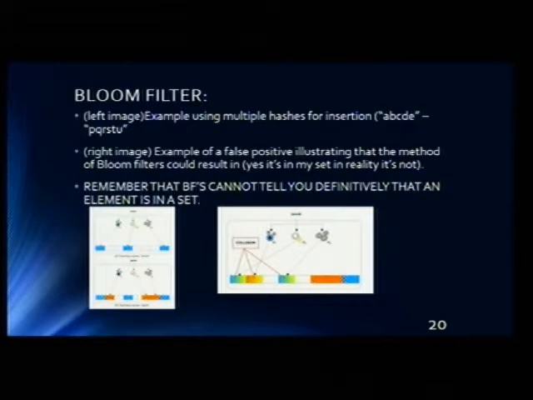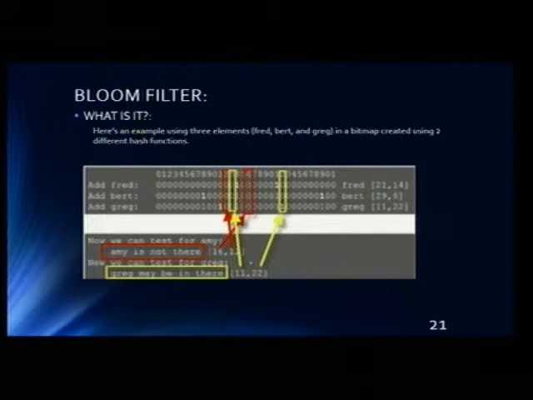It shows the first part where it's inserting one string, and second where it's inserting a second, and it's using different areas in the bit array. The second one actually is an example of a false positive, illustrating what the method of Bloom filters could result in. And yes, it's in my set. In reality, it's not. So you can see the collisions when it tries to insert that new string. Remember that Bloom filters cannot tell you definitively that an element is in a set. It was still a little confusing to me.